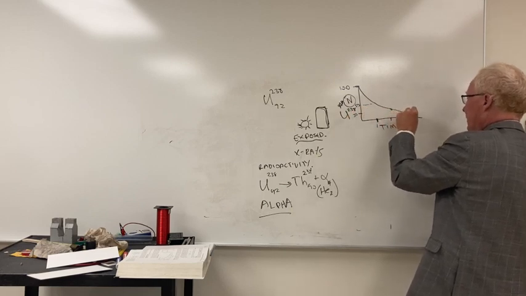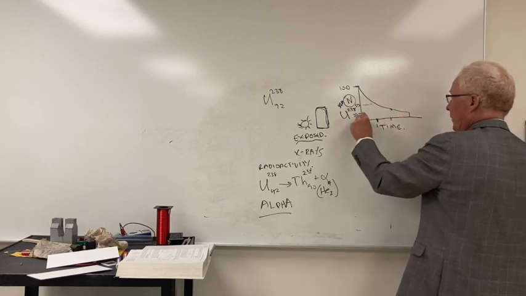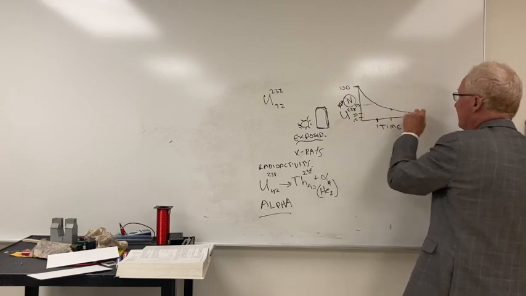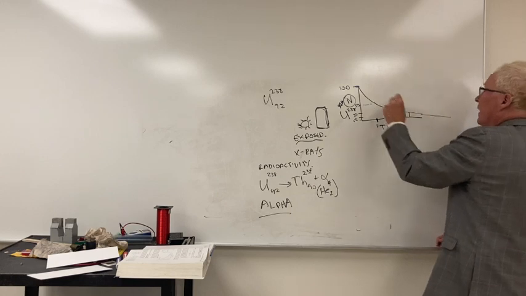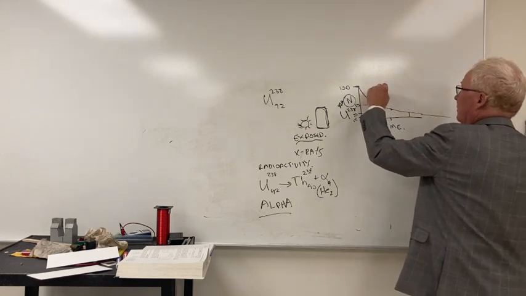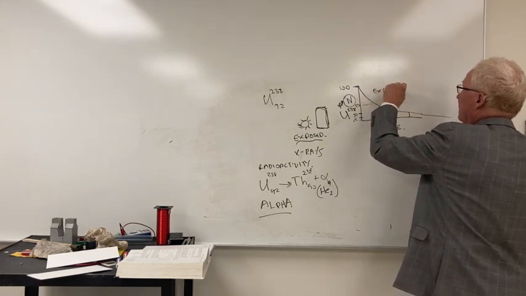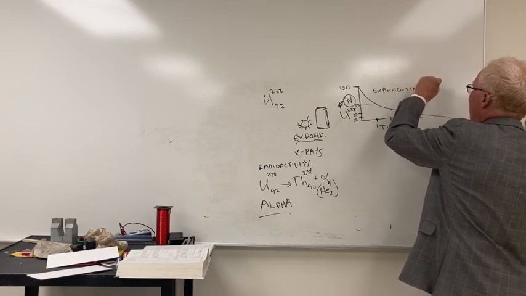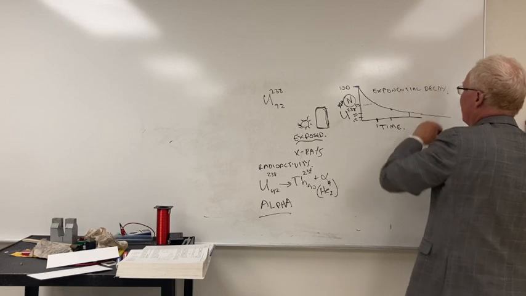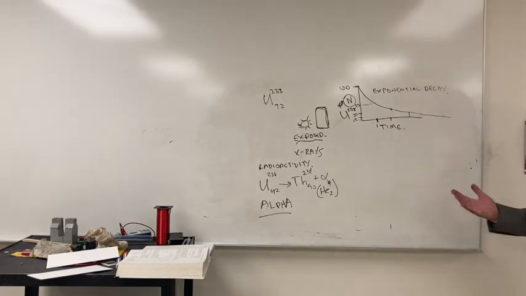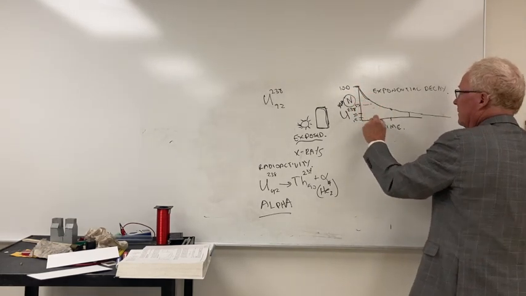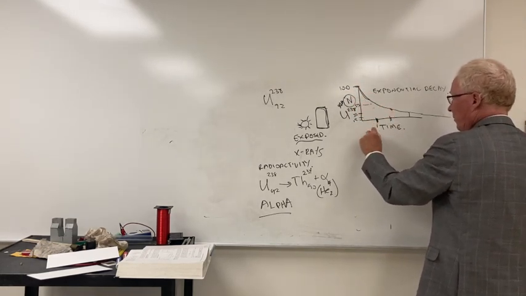After a similar amount of time, it'll break down to half of that, and so on, and eventually, and this is what we call exponential decay. Okay, so this is an exponential decay, and this time is what we call the half-life.